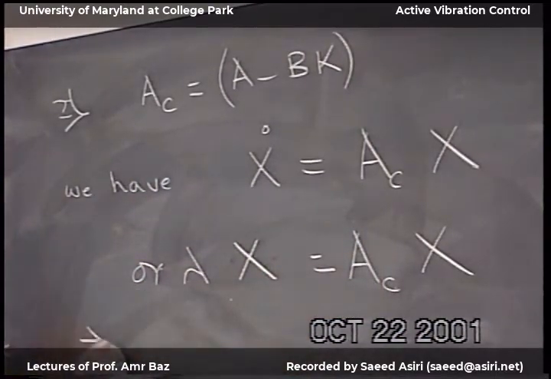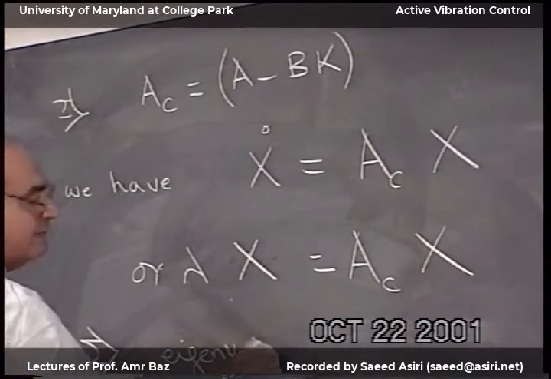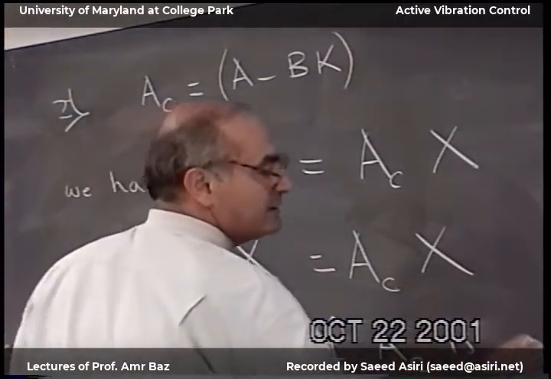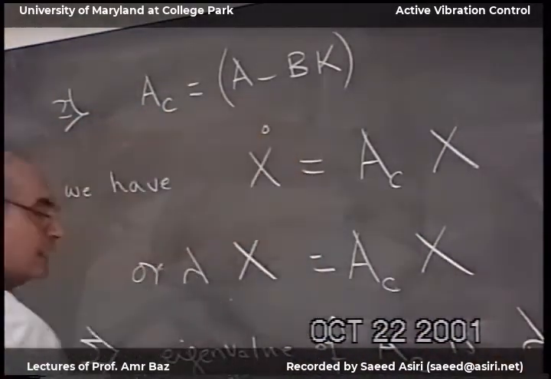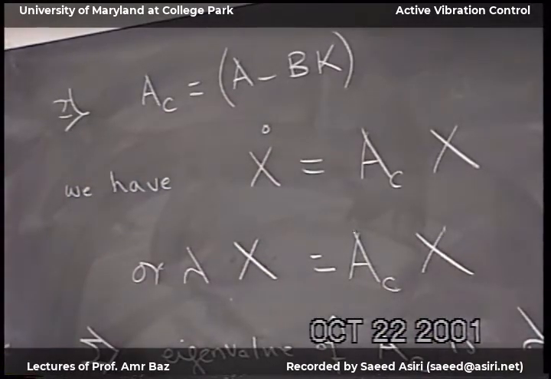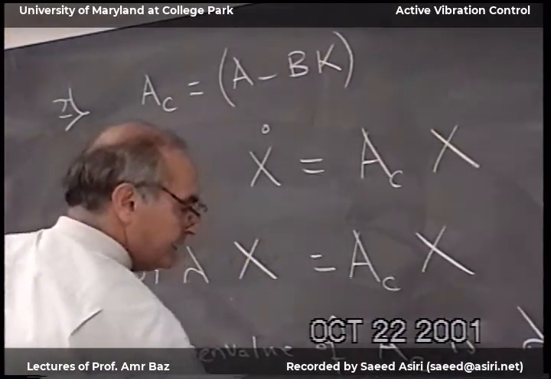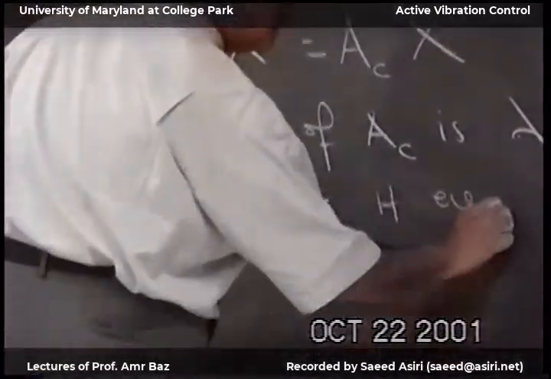So then this, we'll say here the eigenvalue of AC is lambda, which is the same as each eigenvalue.